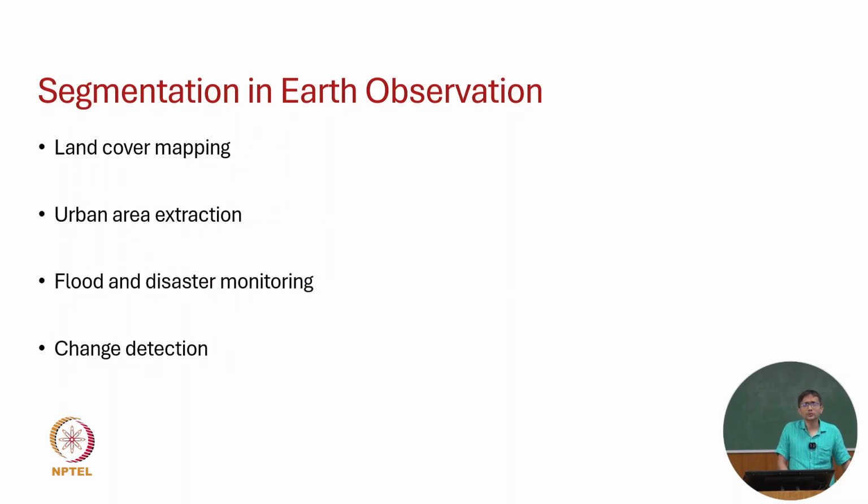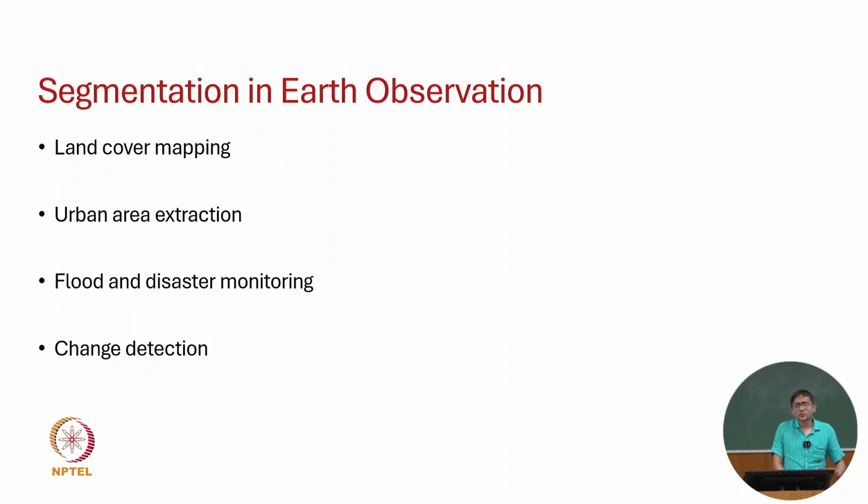Let's say you want to work with a problem where you want to do a binary understanding of which pixels belong to urban area and which pixels belong to non-urban area. Even then, especially at the boundary between the urban and the non-urban area, it would be more effective to formulate this problem as a segmentation problem rather than a classification problem, right?